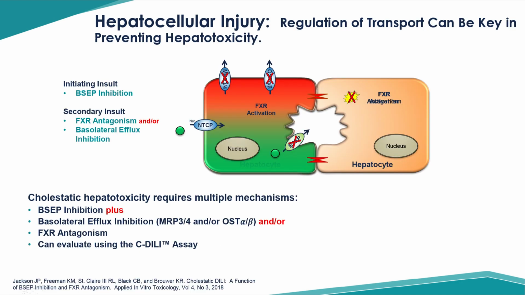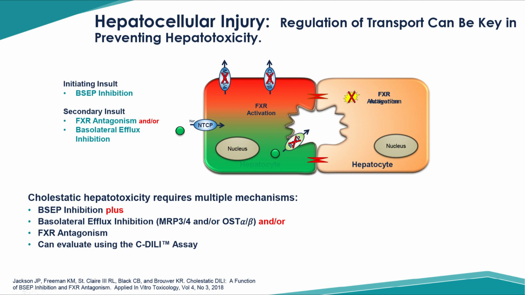So what we think is actually occurring now with hepatotoxicity, especially cholestasis, is we have the normal vectorial flow of bile acids, uptake by NTCP, efflux through BSEP, and if there's now some type of insult where we've blocked BSEP, then the intracellular concentrations of these bile acids will go up to some point, and then it'll reach some new steady state.